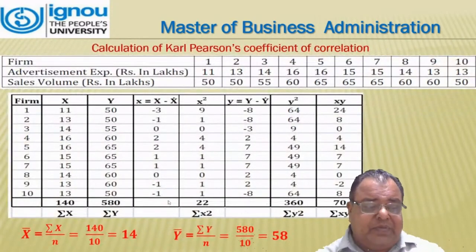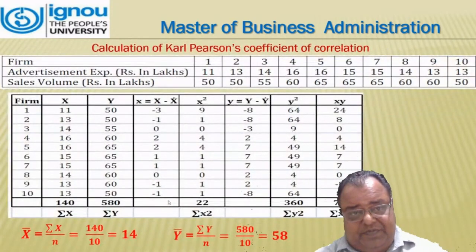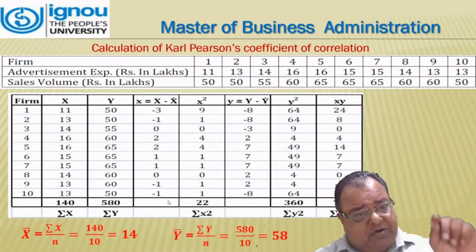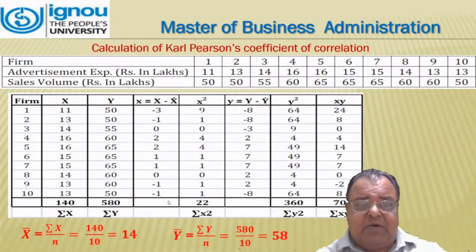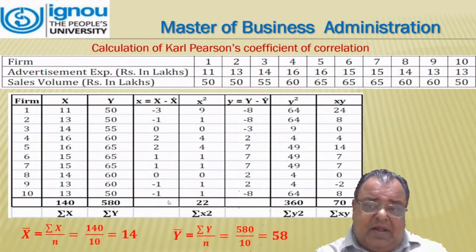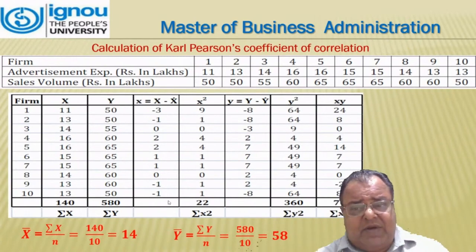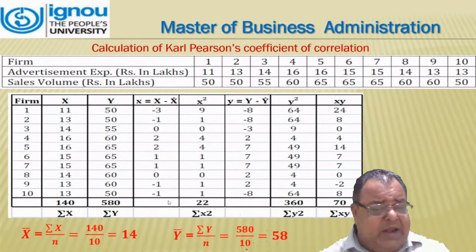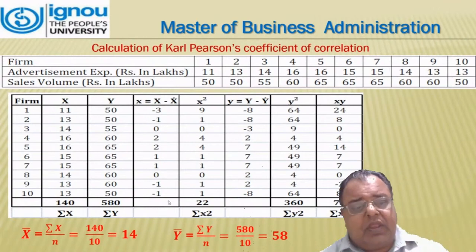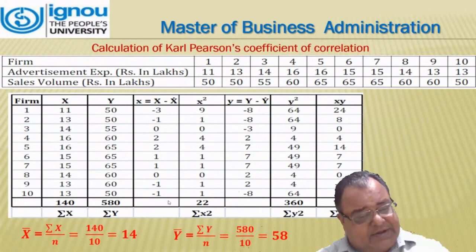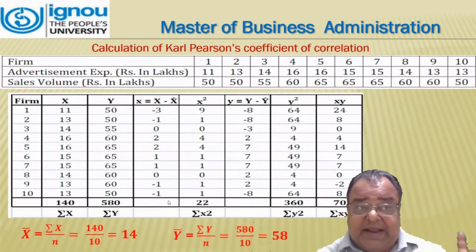Here it comes. We have 10 firms. Advertisement cost or expenditure is denoted by X, sales volume by Y. The table that was given to us has been converted into a new table. Now, we will sum all this and get summation X. We will divide it by the number of observations, that is 10, and we will get X bar.